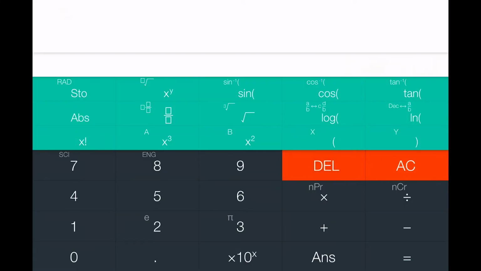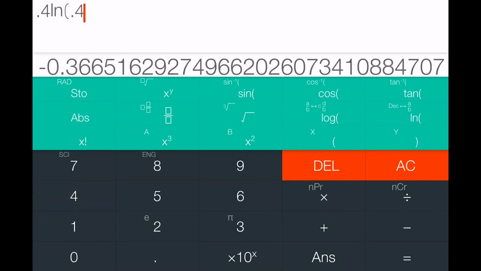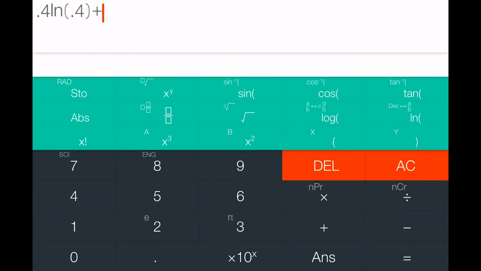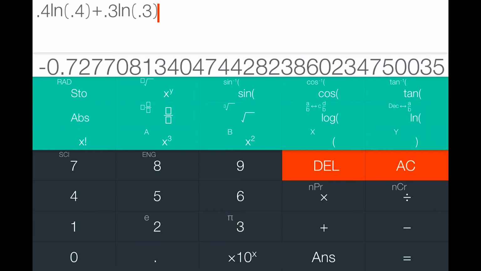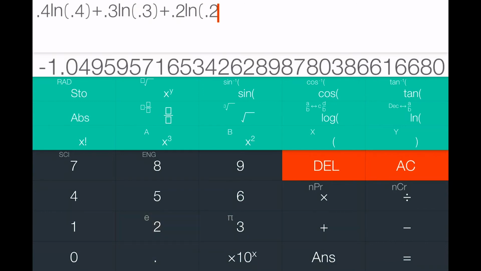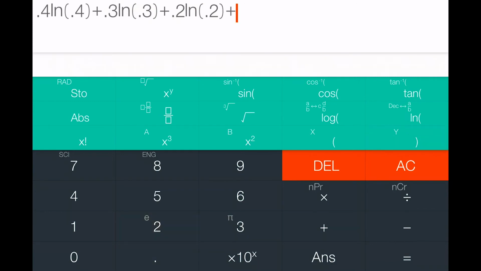So now let us calculate and see what value we get. 4 by 10 means 0.4 ln 0.4 plus 0.3 ln 0.3 plus 0.2 ln 0.2 plus 0.1 ln 0.1.